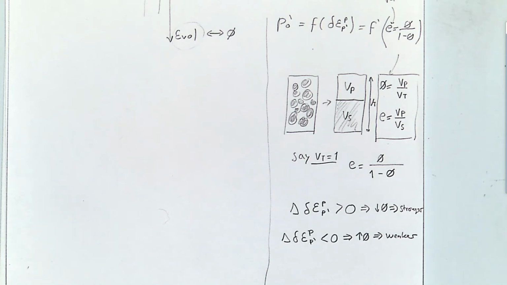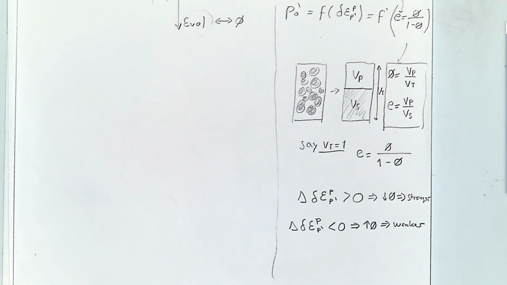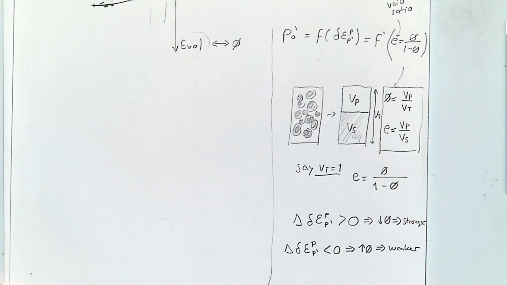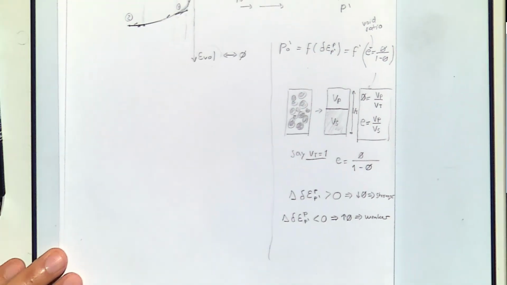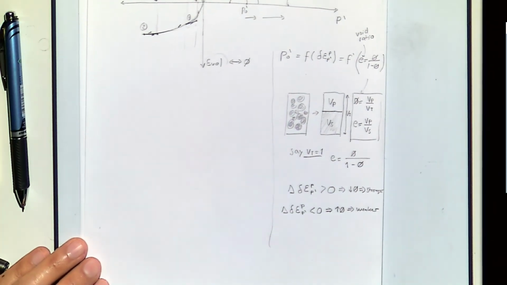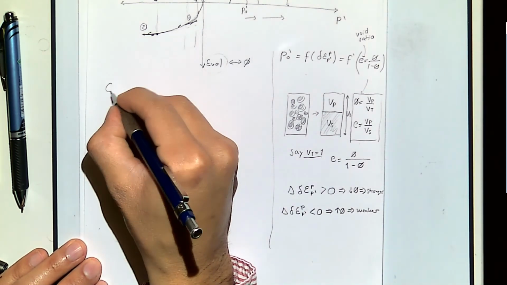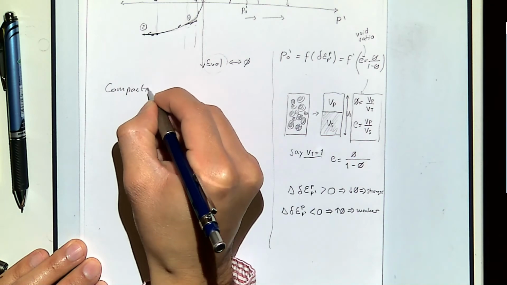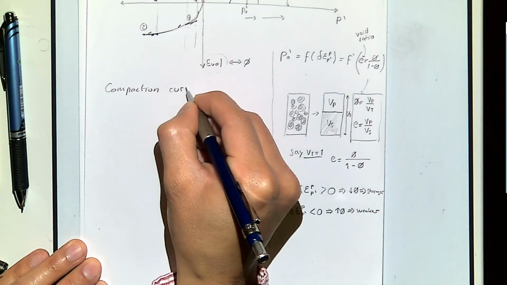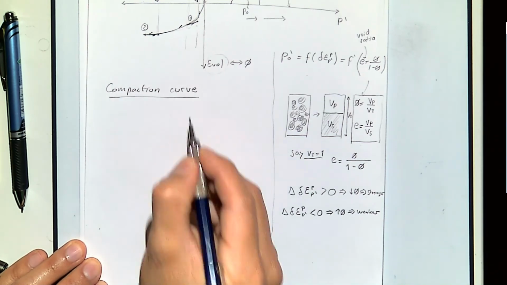Probably it will make a little bit more sense. Yeah, let me change the way I did it last year. Based on this idea, we're going to see how a compaction curve is going to be useful for us.